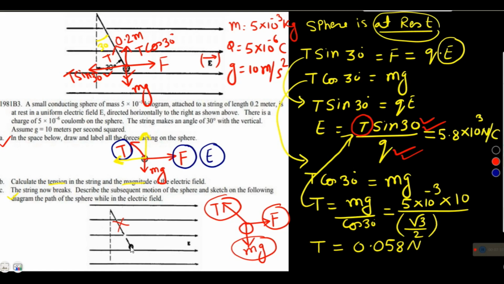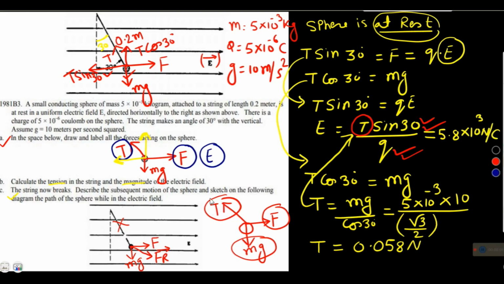There will be a force mg acting downward, there will be a force F, right? So the resultant of these two forces will be in this direction, FR.